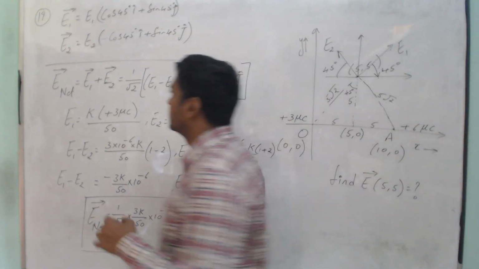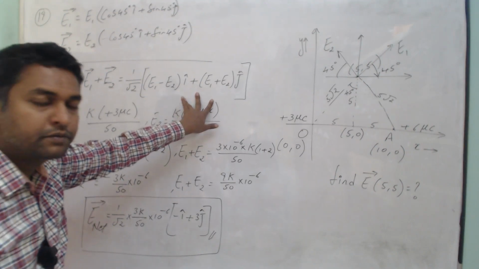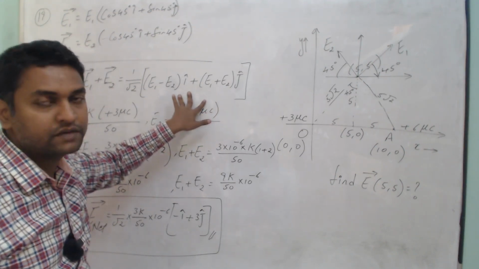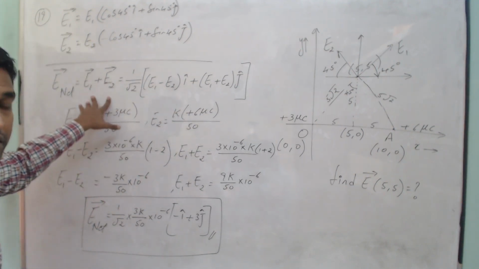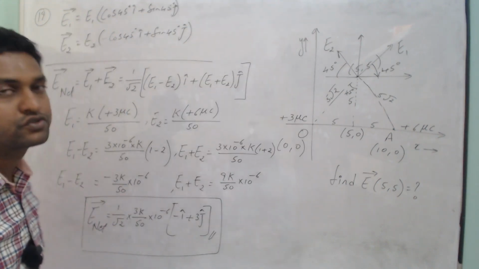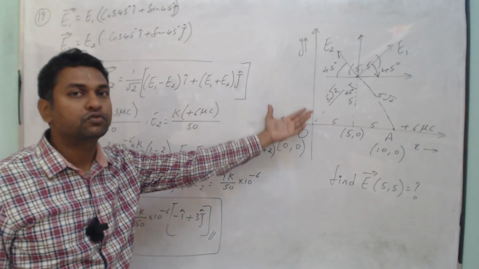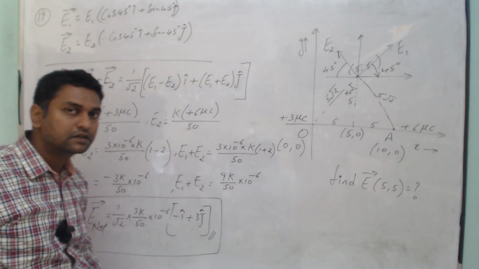If you look at this step, it becomes way easier if I write it in terms of I cap, J cap. And it becomes way more difficult in this step if I use the a square plus b square plus 2ab cos theta formula, because I'll get another step over here, tan alpha is equal to b sine theta by a plus b cos theta.